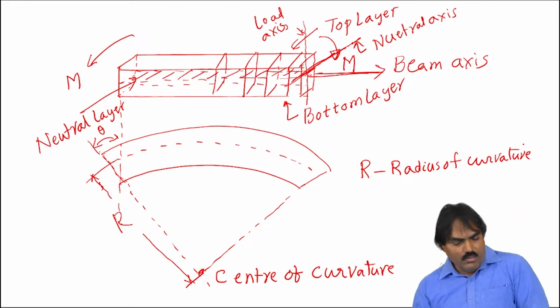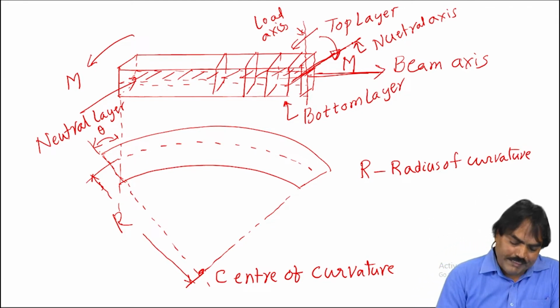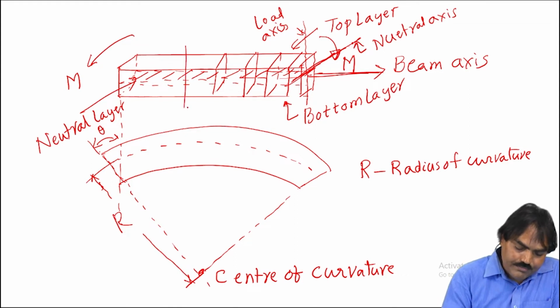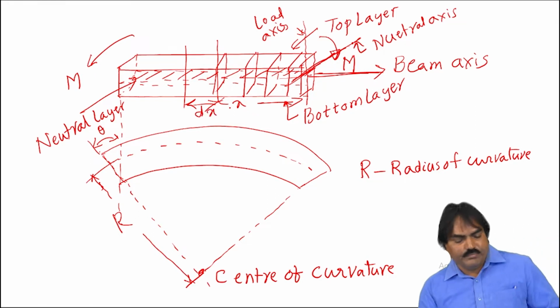Here, if you take a small elemental thickness of the beam, a distance equal to x from any one end, let the thickness of this element be dx.